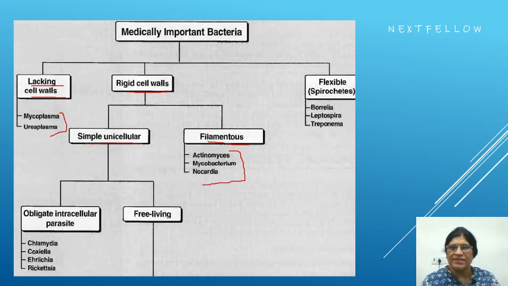Okay, and the flexible ones are Borrelia, Leptospira and Treponema. And here we have obligate intracellular parasites which can be Chlamydia, Coxiella, Ehrlichia and Rickettsia.